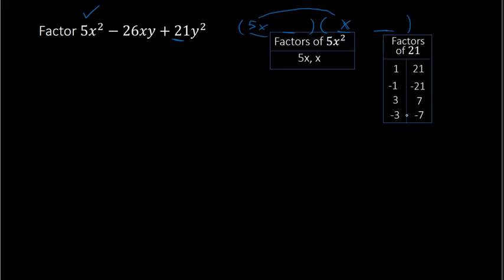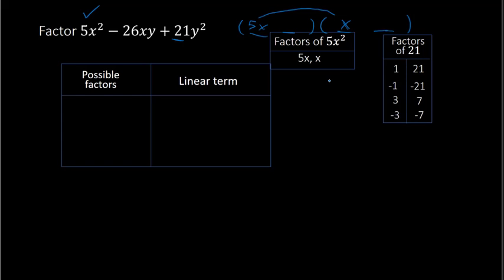So the question is, which set of these do I want? All right, so I need to experiment. So we could plug in a 5x and x, so we know that's got to be there. If we do negative 1 and negative 21, okay, that would multiply to get the last term, so that's good. And then to take care of the y, if we put a y in both of them, y times y would also give me the y squared.